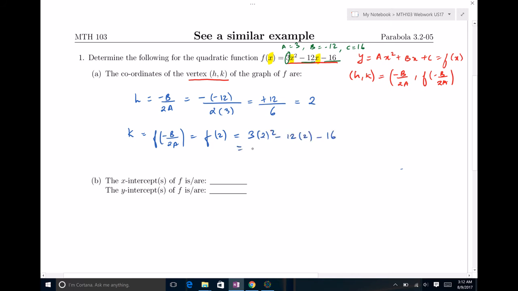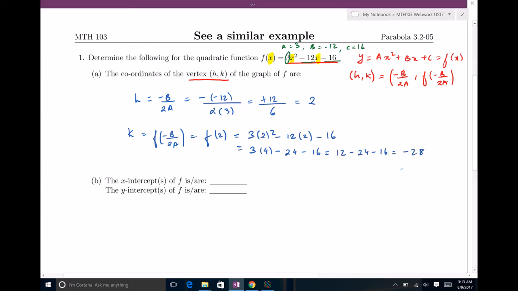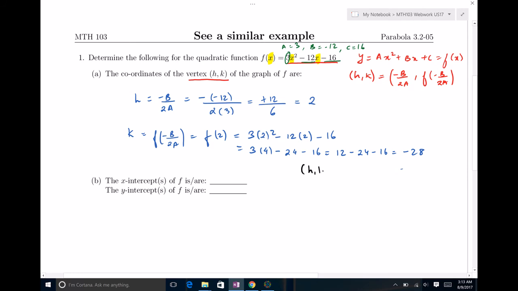Let's simplify that. That's 3 times 4 minus 12 times 2 is 24 minus 16. Of course, you can do this using your calculator. 3 times 4 is 12 minus 24 minus 16, which is negative 28. This means that I have the values of h and k both. So my vertex is (h, k), which is (2, negative 28).